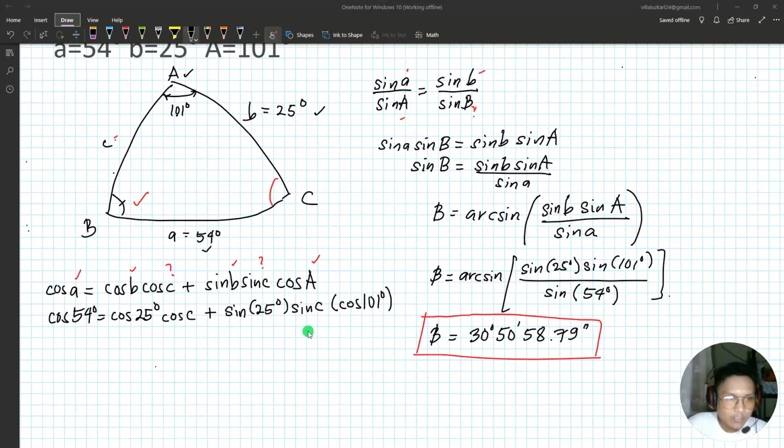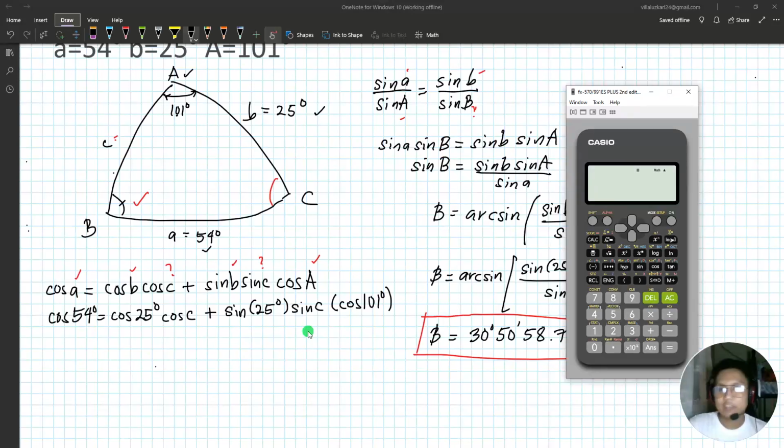So make sure that your calculator has a shift and calculate function. Here in our calculator, make sure that you have this calculate or solve function.